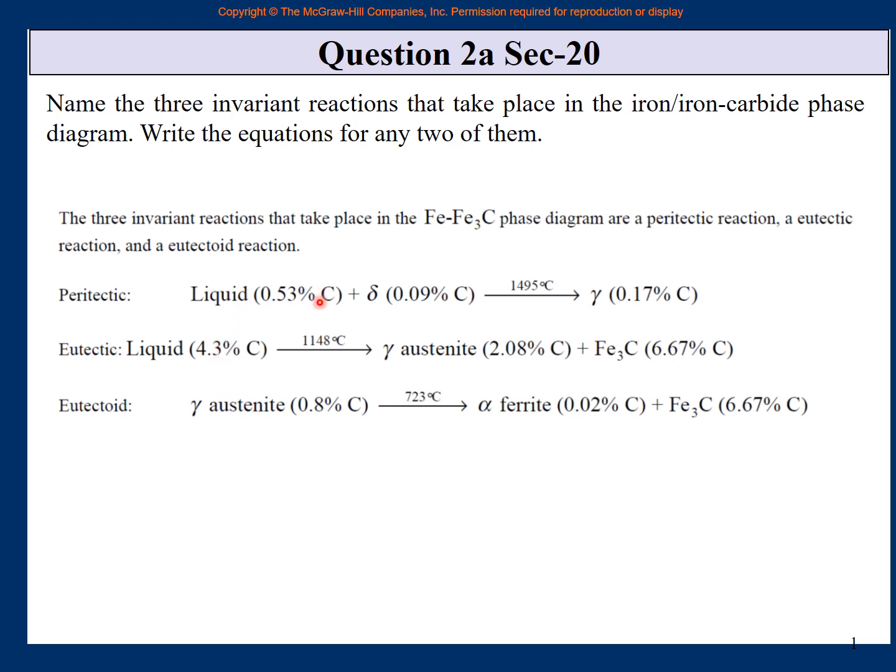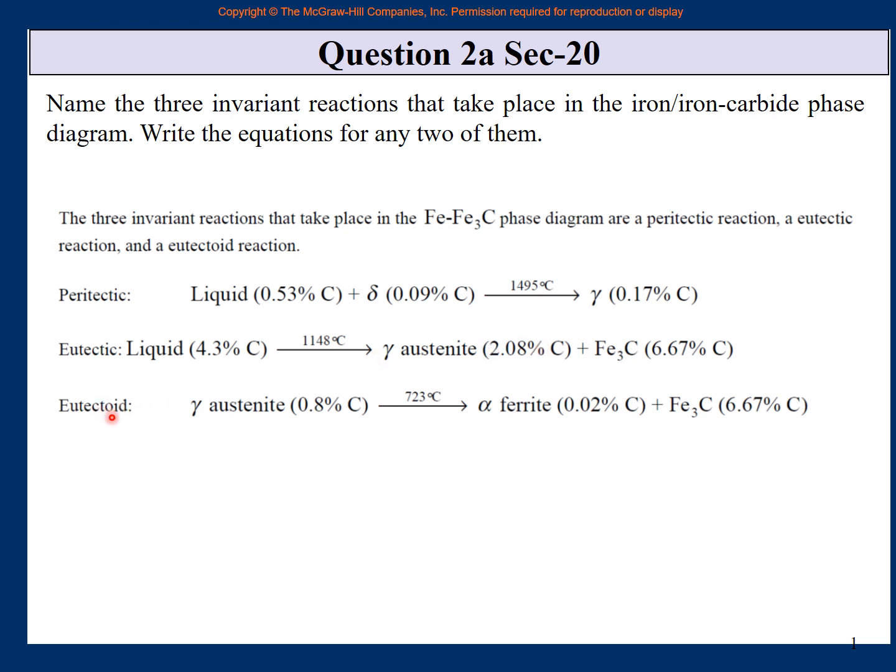Peritectic, if you don't remember, it's okay, but eutectic is 4.3% carbon, and it is roughly 1150 Celsius. This percentage, iron carbide, is always 6.67%, so you should write this if you know. If you remember that the other is about 2%, it would be very good. Otherwise, I'll still take it as correct.